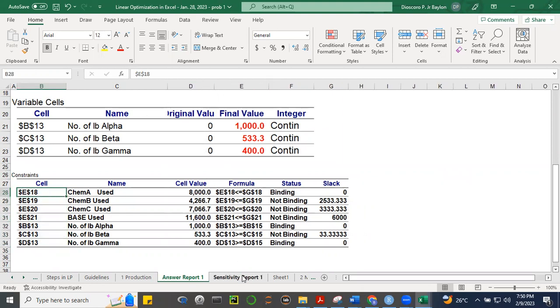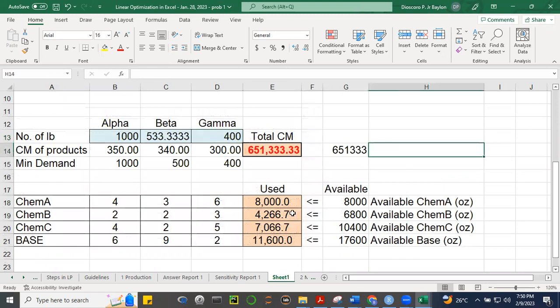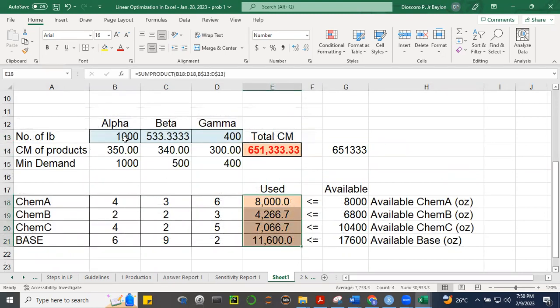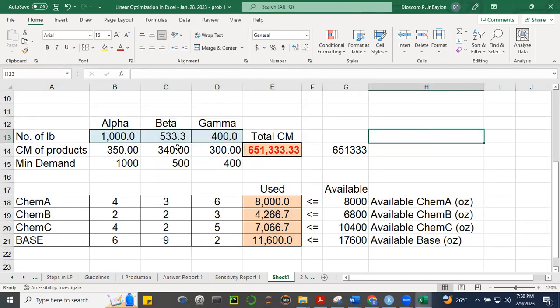Or if I once again flash this, these are our used materials, right? And our decision variable in this case is also a constraint, a left-hand side too. Alpha should be greater than or equal to 1,000, etc. So you can see here 7 constraints, 4 plus 3, and that will appear in our answer report.